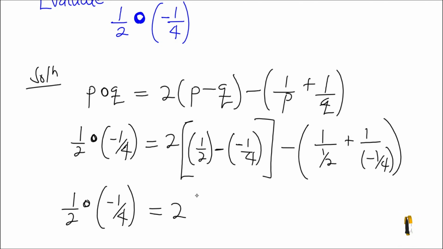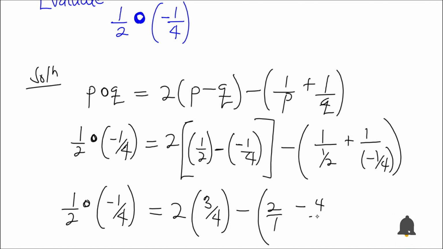So here we can see that for 1 out of 2 dot negative 1 out of 4 is equal to, so when we sum 1 out of 2 minus 1 out of 4, then we are going to get 3 out of 4. And then minus, so here we have to reciprocate the fractions. So when we reciprocate this, we're going to have 2 divided by 1 and minus 4 divided by 1.